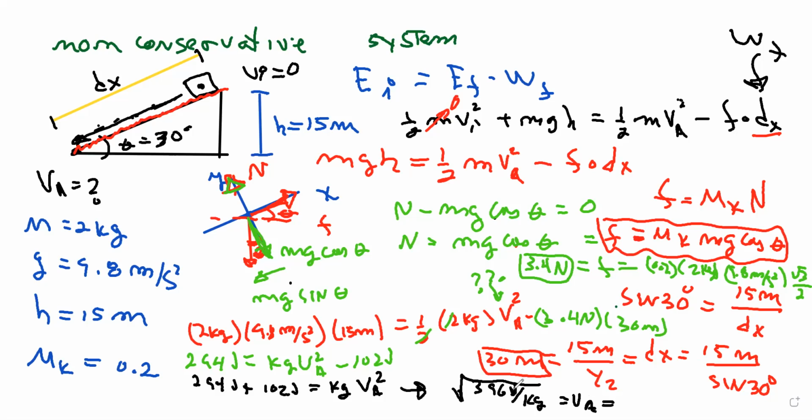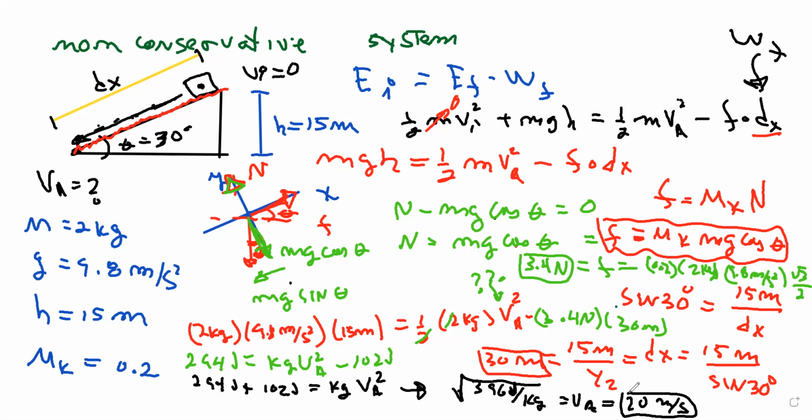Don't forget, this is joules over kilogram. And if you do that math, you're going to get 19.9, let's say 20 meters per second. And 20 meters per second would be your velocity at point A.